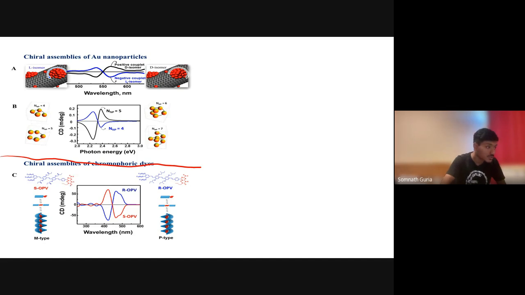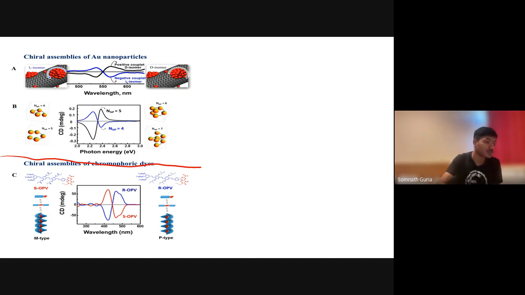Because of this very strong pi conjugation, they are aggregating to an M-type aggregation, and show the CD activity of this red color one, which is showing a positive CD signal around 425 nanometer, and two negatives around 500 nanometer as well as the 460 nanometer region.